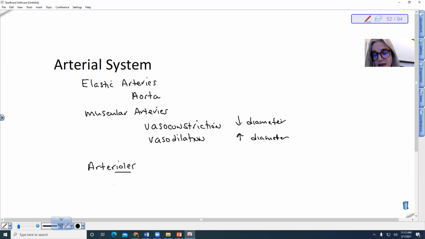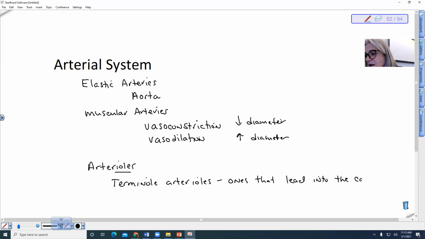Now, when we talk about the terminal arterioles, these are specifically ones that lead into the capillaries.